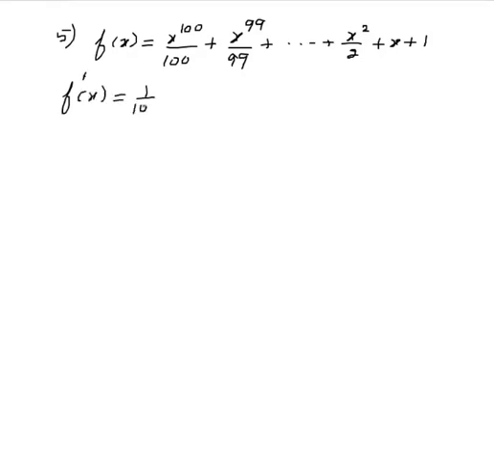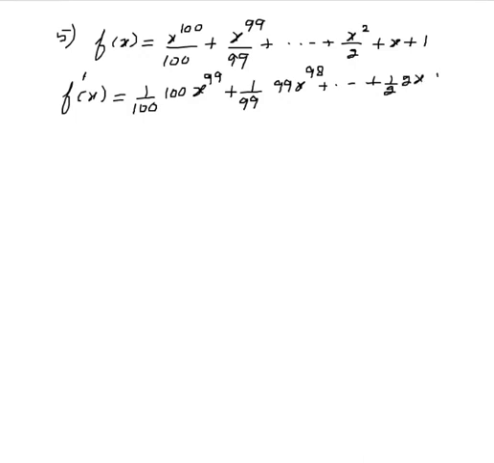1 by 100 is a constant. So take out that constant and let us differentiate x raised to 100. So n into x power n minus 1 formula. 100 minus 1 is 99, plus 1 by 99 is a constant. Let us differentiate x raised to 99, which is 99 x raised to 98, etc. Half is a constant.